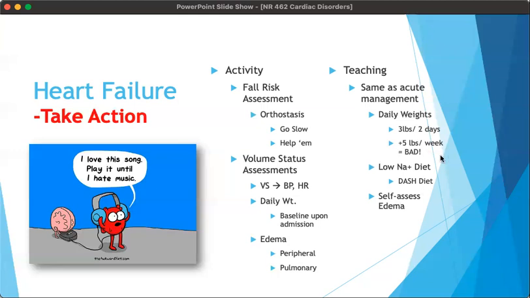We also want to teach them about low sodium diets. Oftentimes we'll teach them about the DASH diet as well. Again, going back to the hypertension thing, we want to limit salt intake so that we can prevent that retention of fluid. And then self-assessment for edema. So how to check their own legs for edema and how to measure that edema so they can tell if they're getting a fluid volume excess by the increase in the amount of edema that they have.